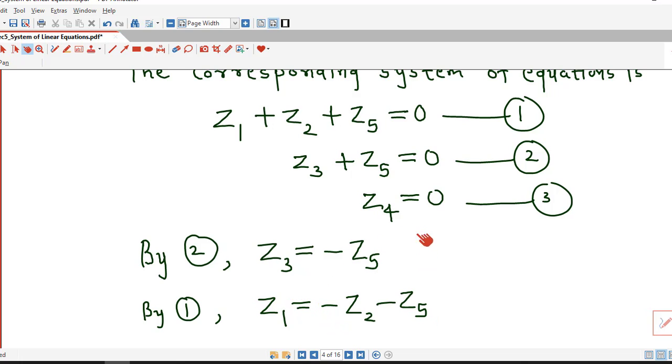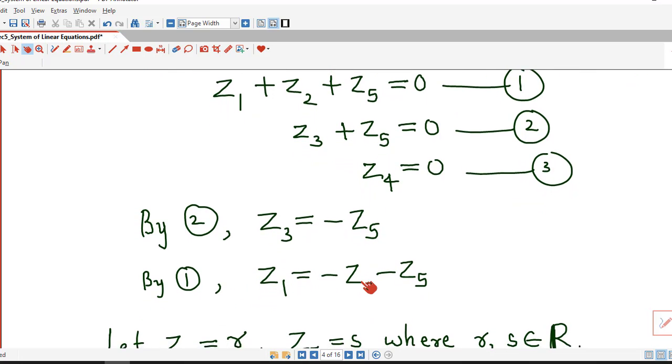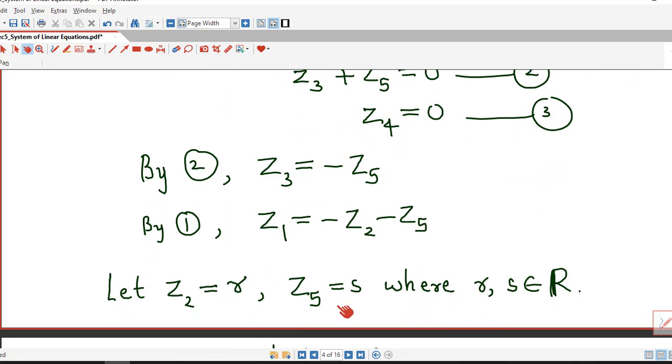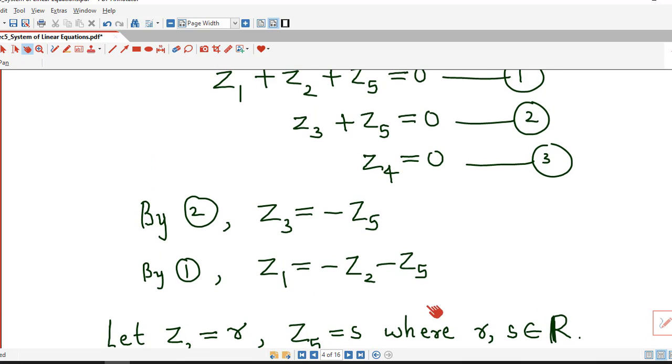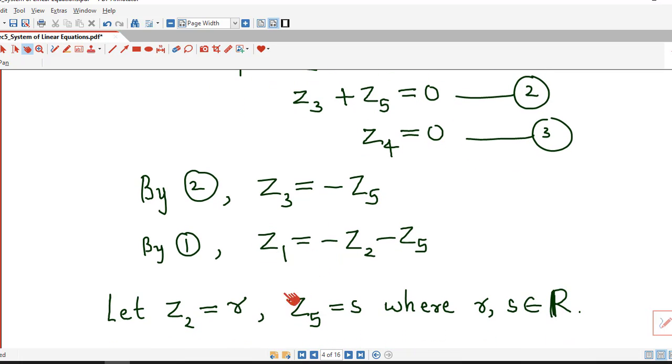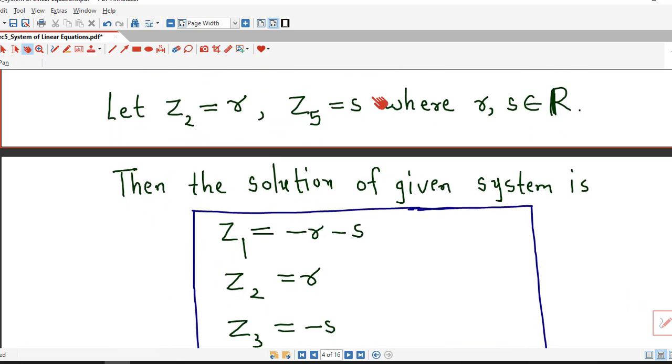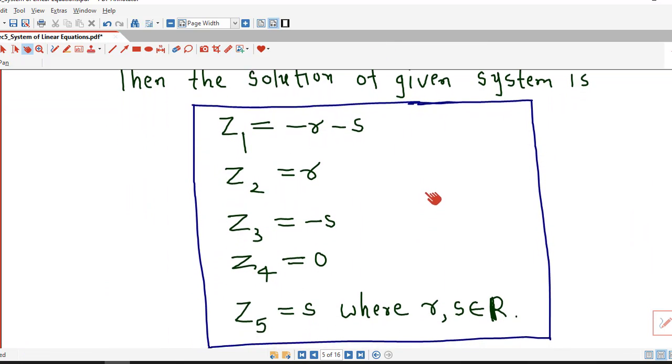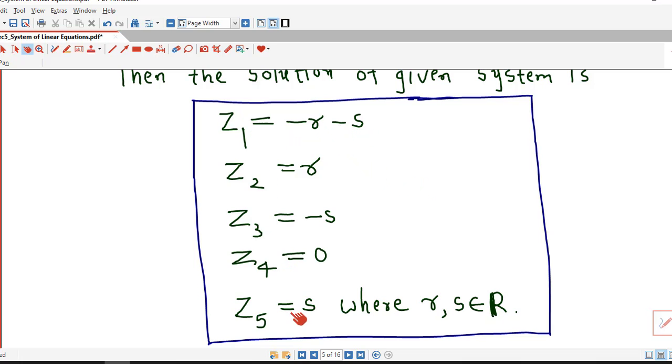The next step is to assign arbitrary values to the free variables. So we assign Z2 equal to R, Z5 equal to S, where R and S are any real numbers. After putting the values of Z2 equal to R and Z5 equal to S here, we can see Z1 will be minus R minus S, Z2 is R, Z3 will be minus S, Z4 is 0 and Z5 is S. Therefore the system has an infinite number of solutions which are written in terms of parameters R and S in this way.